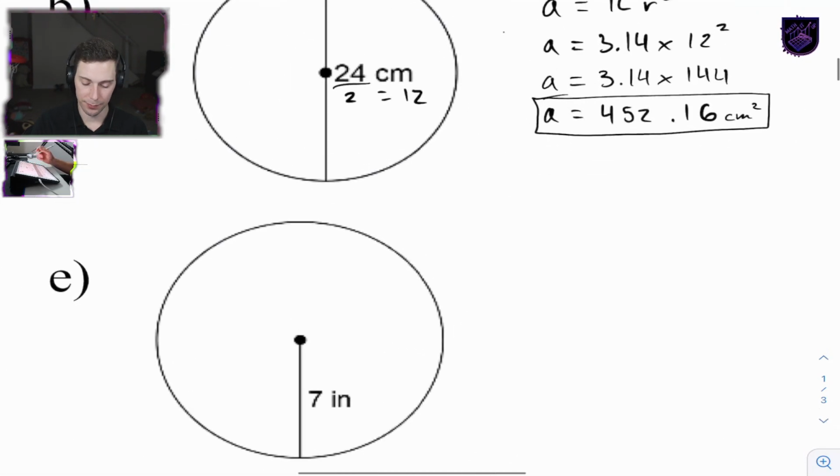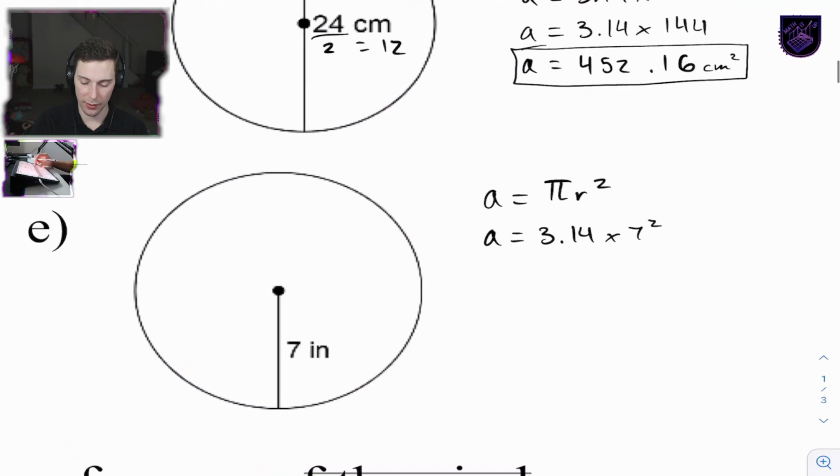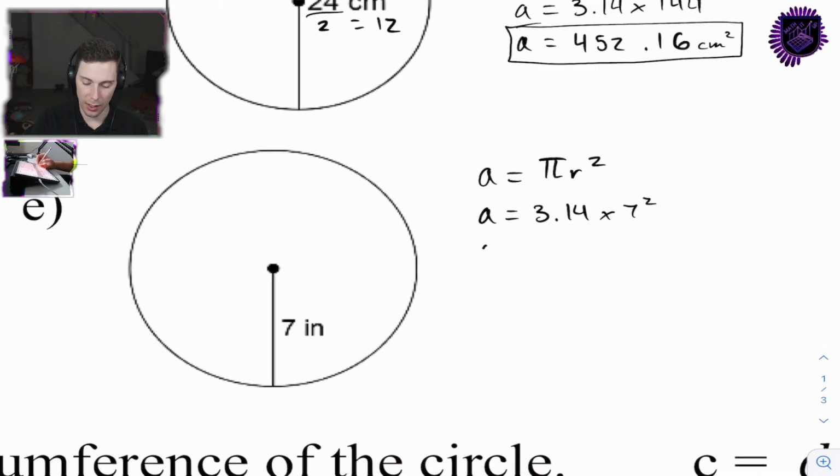So area is equal to pi times radius squared. We know our radius and we know pi, times 7 squared. We know what 7 squared is, and our area is equal to 3.14 times 49.